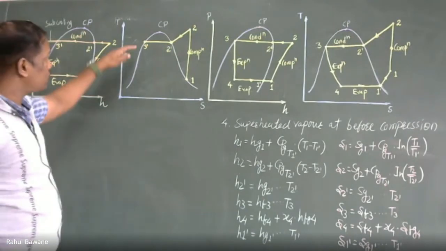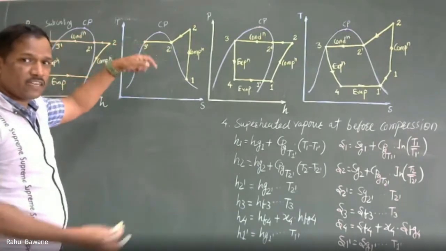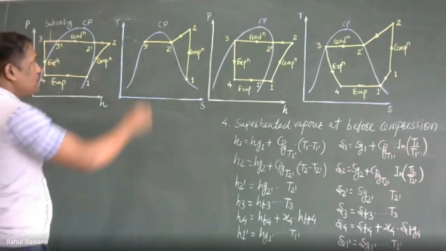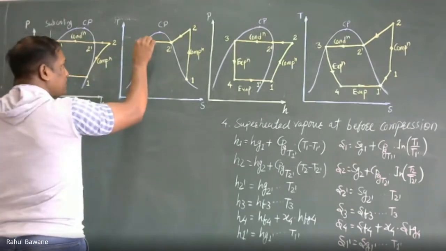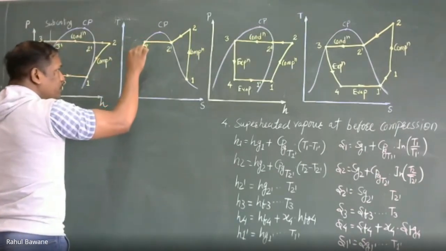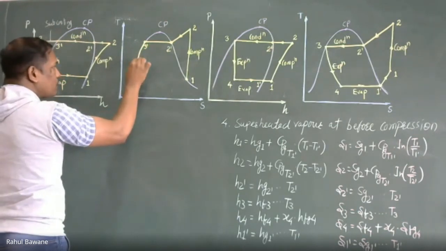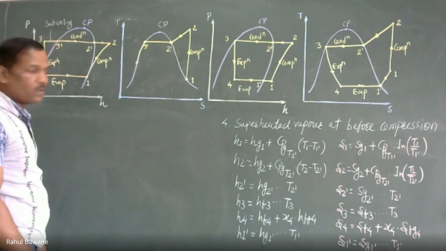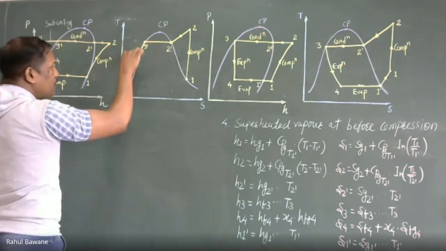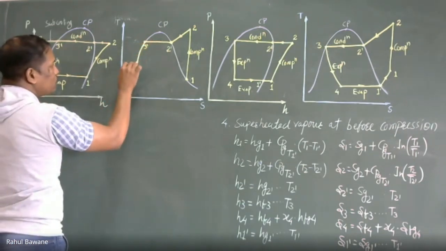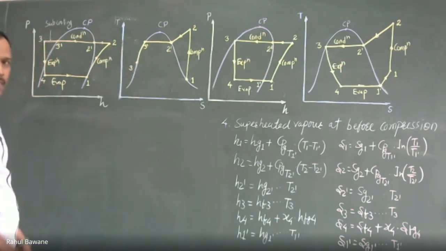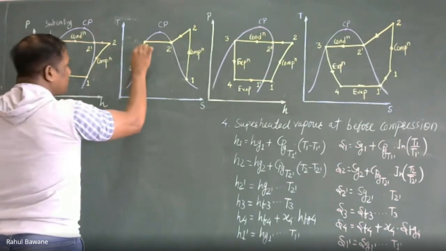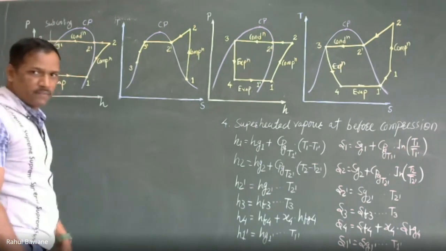But we do not stop here. We again cool it down. That means subcooling takes place. When subcooling takes place, its temperature is again reduced. The condition is saturated liquid itself, but its temperature is reduced and it reaches 3. So 3' to 3 is subcooling.